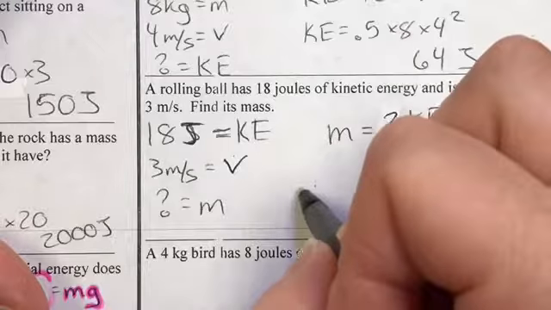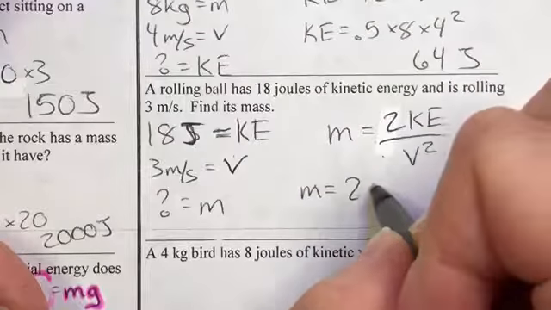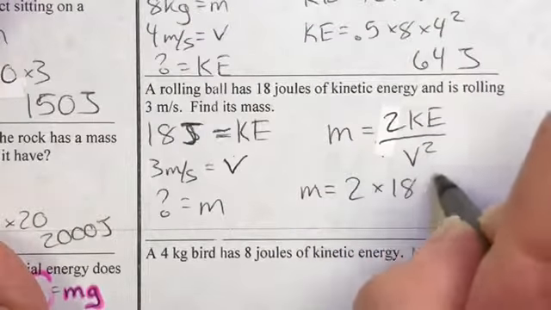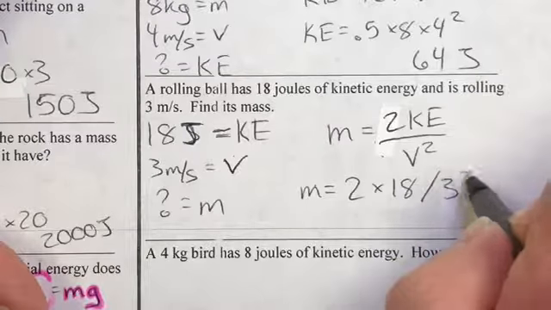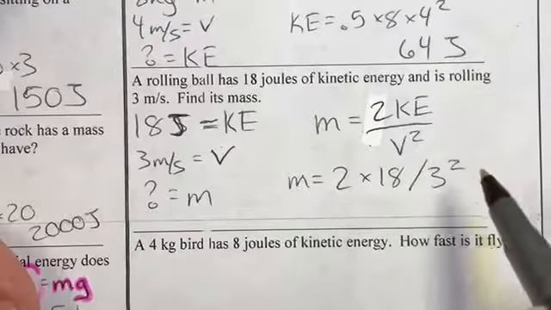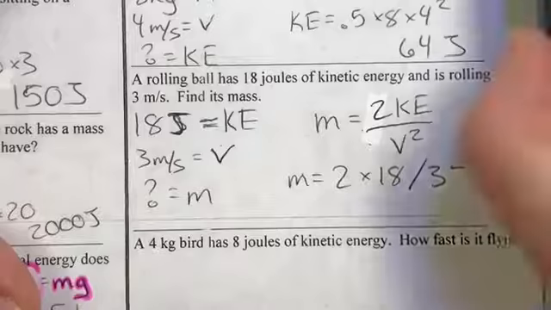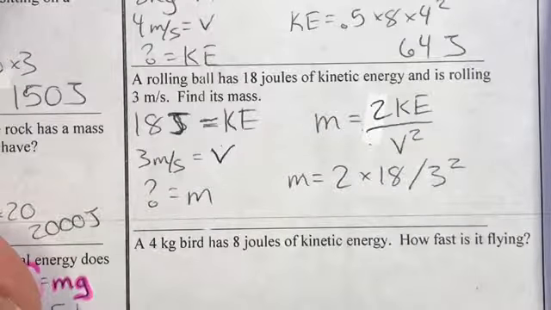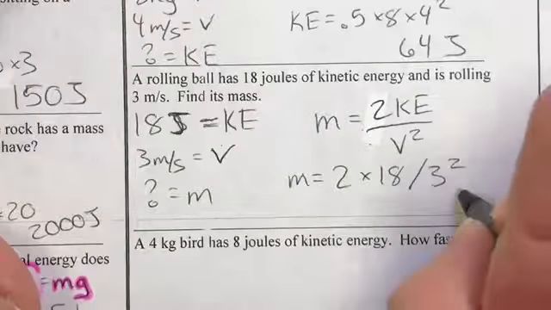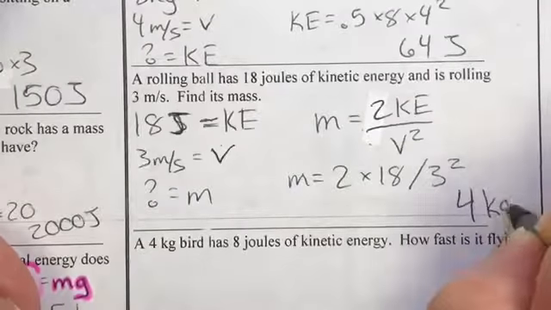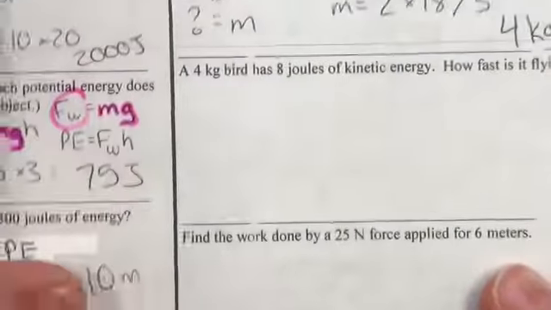Go ahead and plug those values in your calculator. 2 times 18 divided by 3 squared. Calculator says 4. Units measure kilograms for mass.